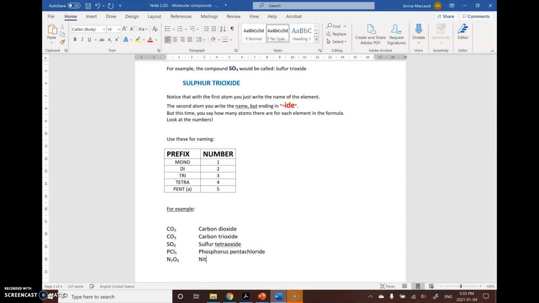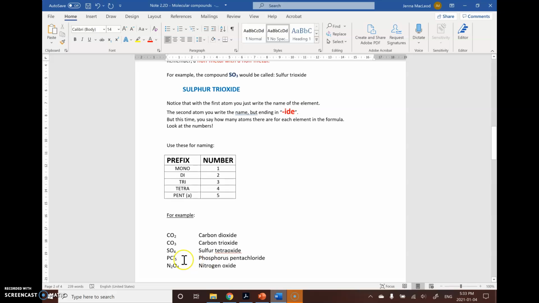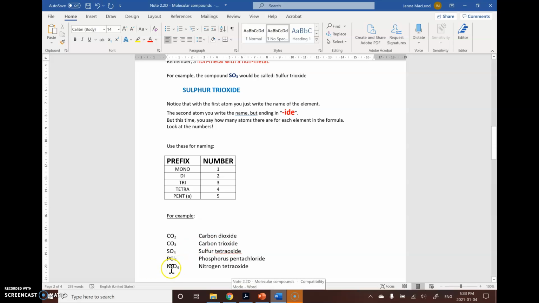Now the next one is nitrogen and oxygen. So we're going to change it to IDE, and then we need our prefix, which is a 4. So our 4 is tetra. Now, when I'm looking here at this nitrogen, there's a 2 here. If this number is bigger than 1, you have to put a prefix on it.